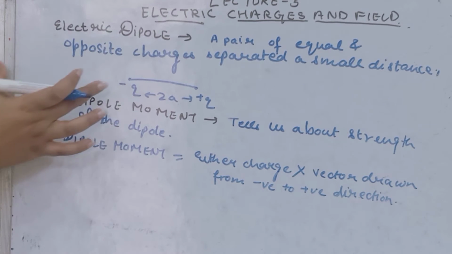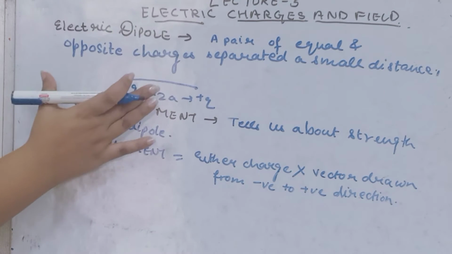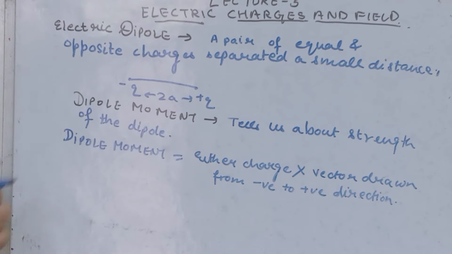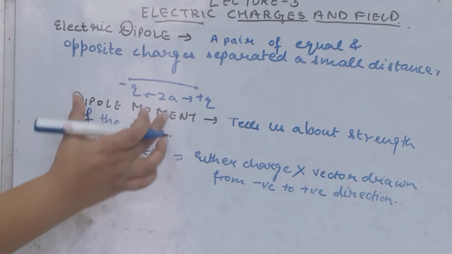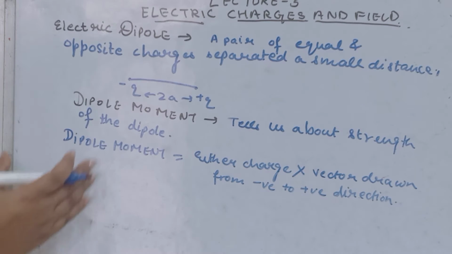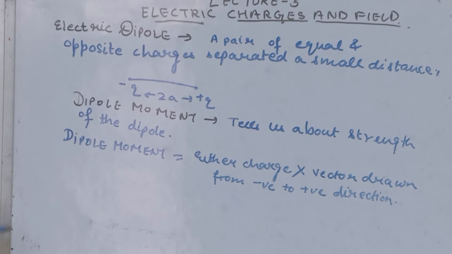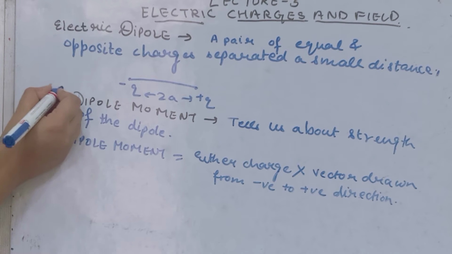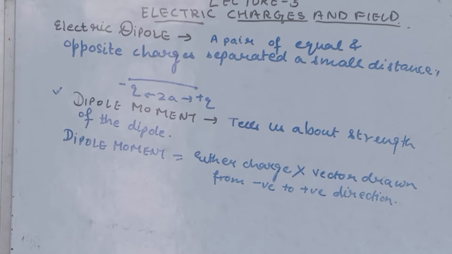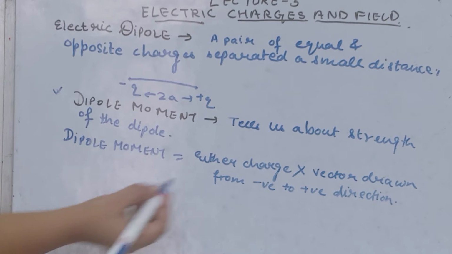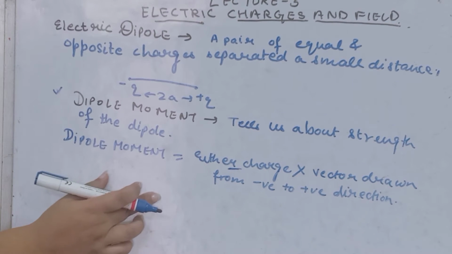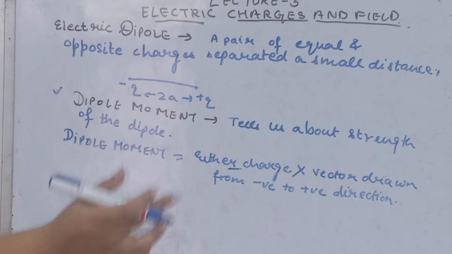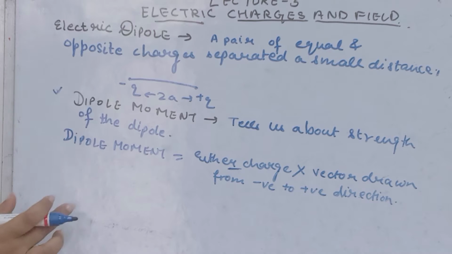So electric dipole is just a system. Now the measuring quantity is the dipole moment. What is the nature of the dipole, what is the strength of the dipole, all these things we can get to know from the dipole moment. And it is equal to either charge. Since we have two equal and opposite charges, either plus q or minus q.